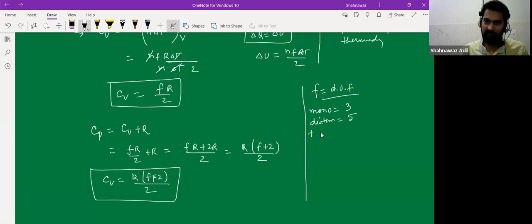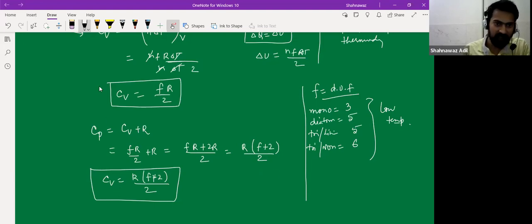For triatomic linear, this is 5. And for triatomic non-linear, this is 6. And we are at low temperature. Right, guys? Yes, sir. Oh, I wrote Cv. This is Cp, right? You guys didn't correct me.